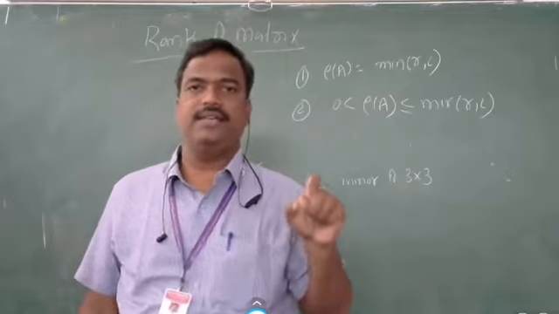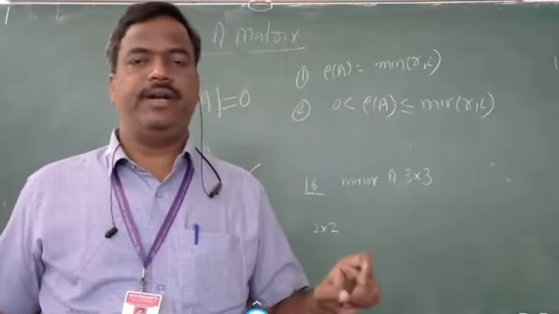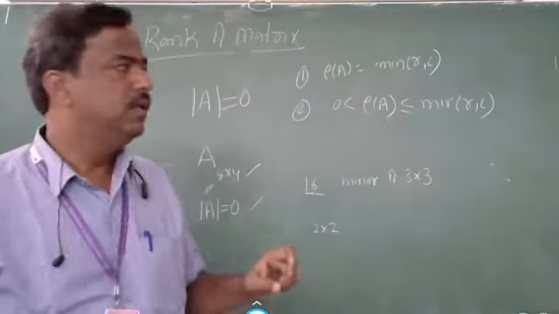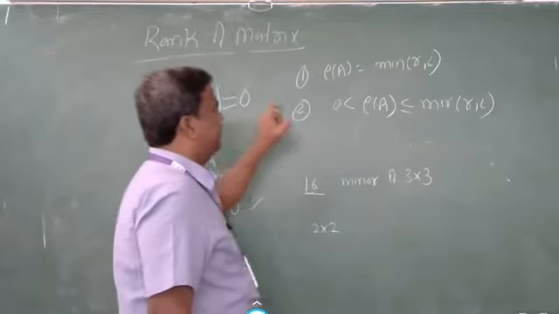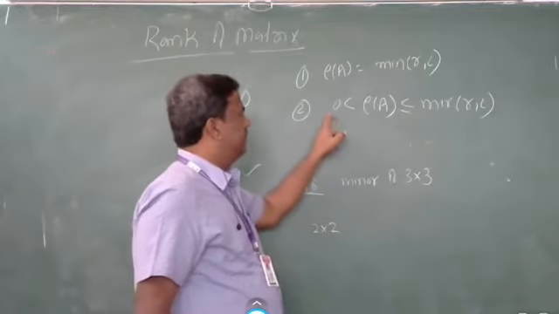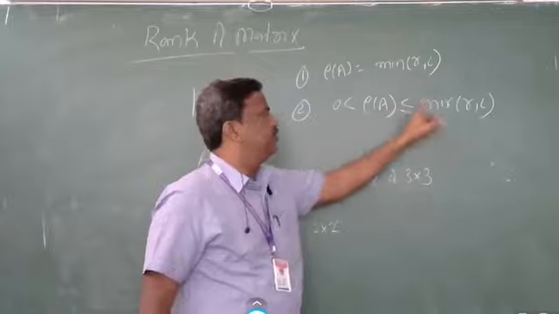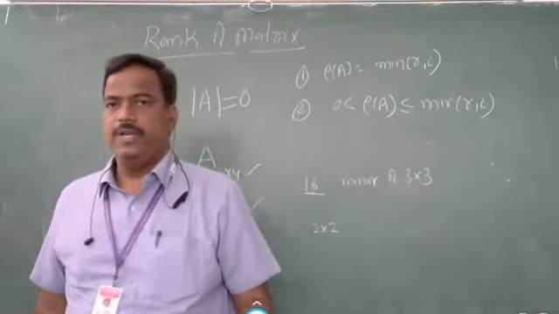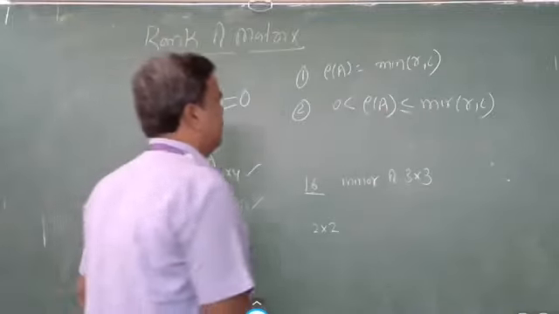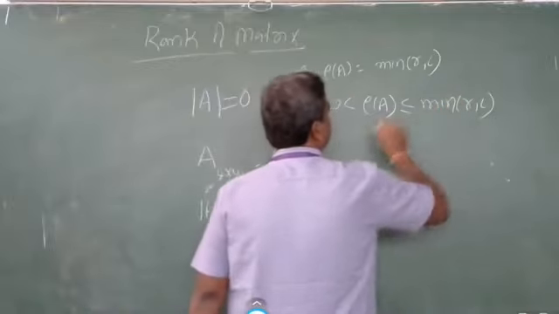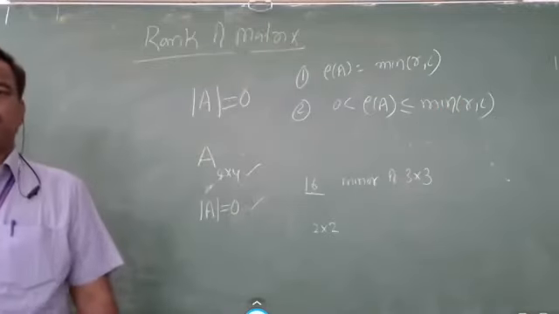Then we call that a 0 matrix. So if the matrix is a non-zero matrix, the rank should be between 0 and minimum of R comma C, rows comma columns.